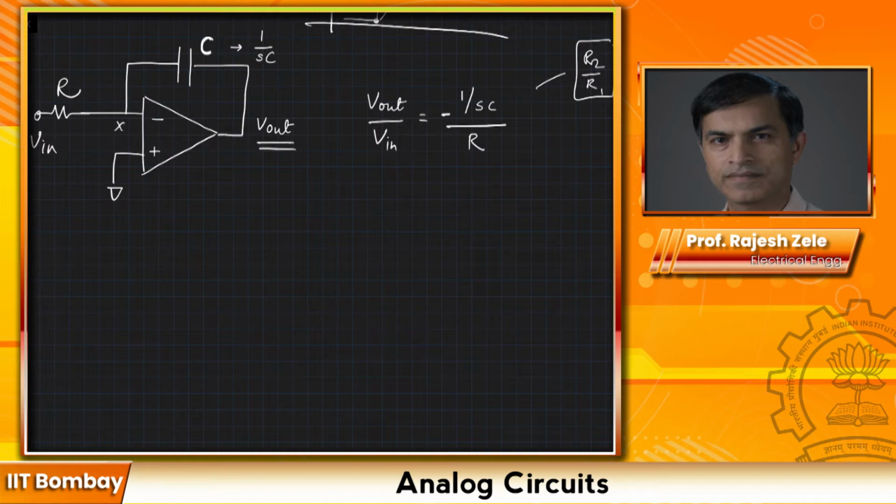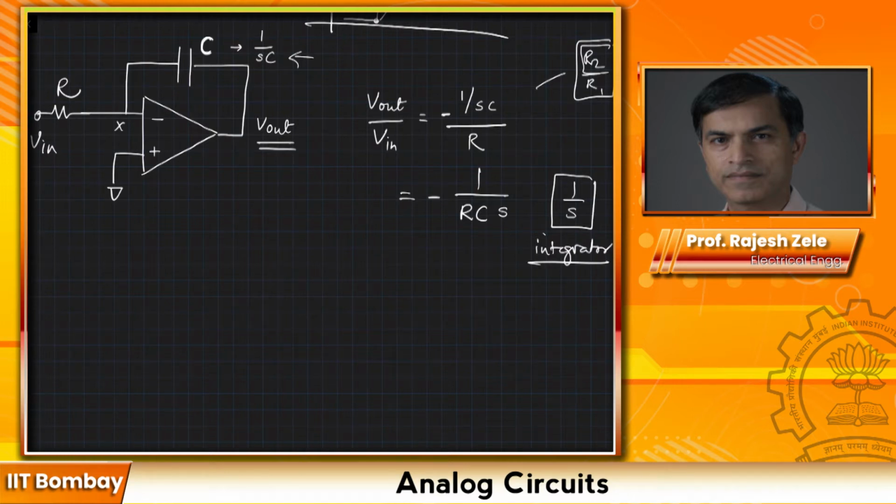So this R2 part is the impedance of the capacitor. And we can see that it is minus 1 over RCS. The 1 over S term represents an integrator.